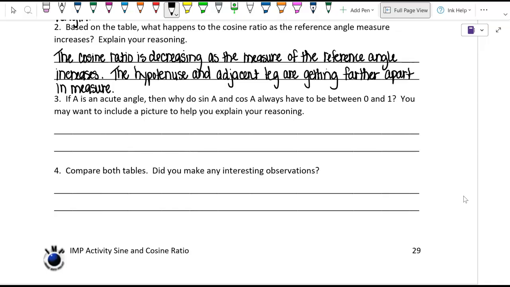And since these are measures, it does have to stay positive, so it would stay between 0 and 1.